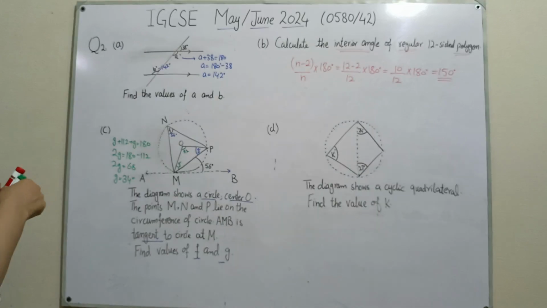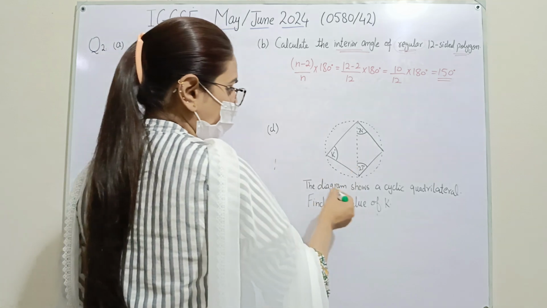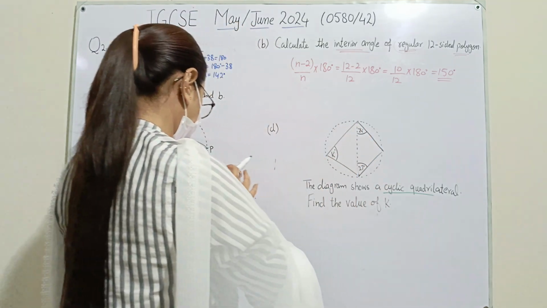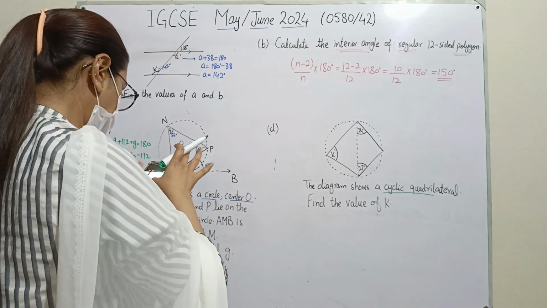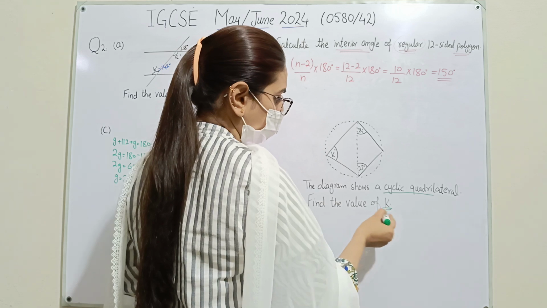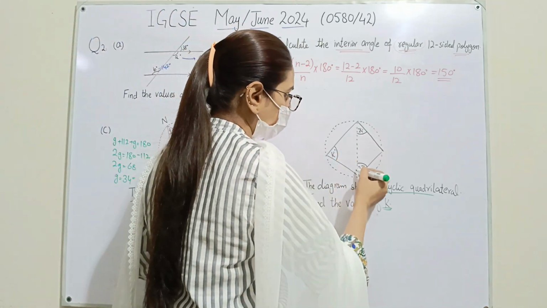Let's move toward the next part, that is part number D of question number 2. The diagram shows the cyclic quadrilateral. This is the quadrilateral which is shown by the examiner. What is he asking you to find out? He is asking you to find out the value of K. First of all, you have to use this triangle.